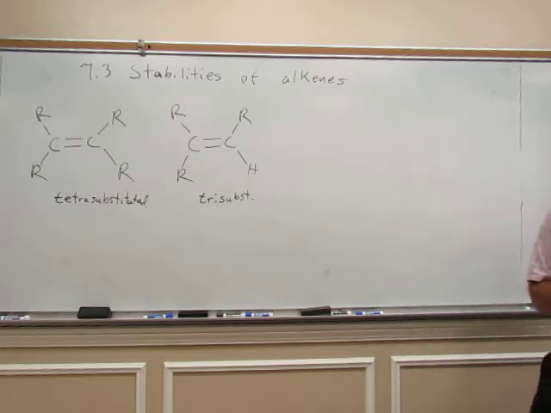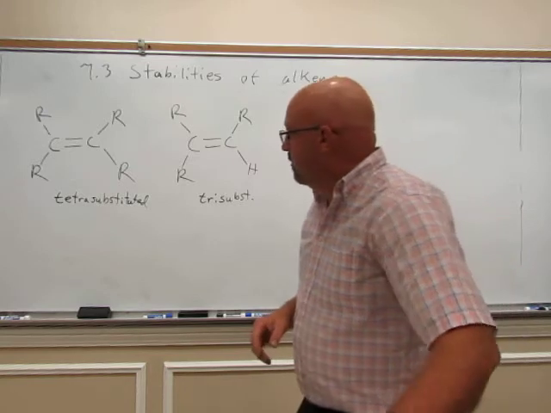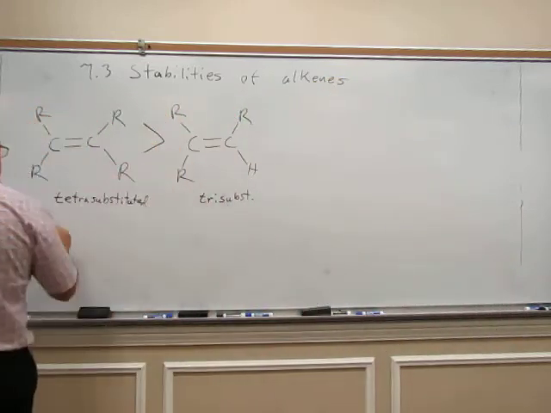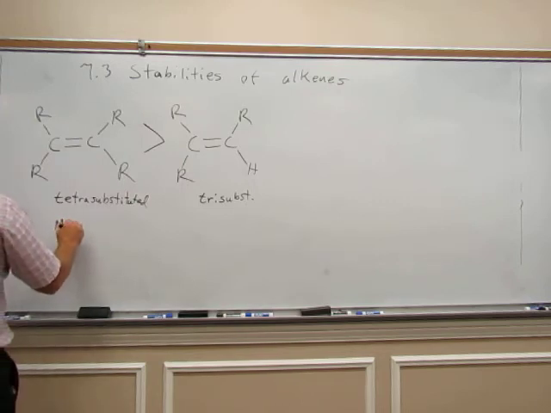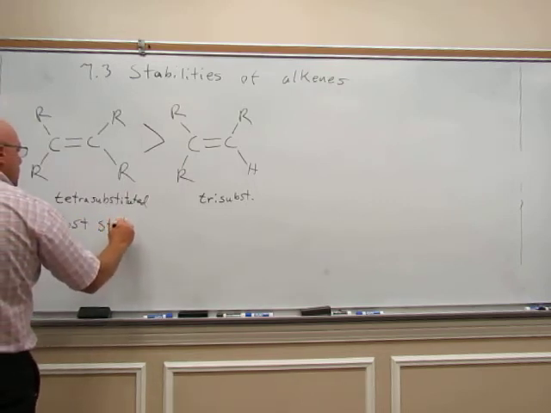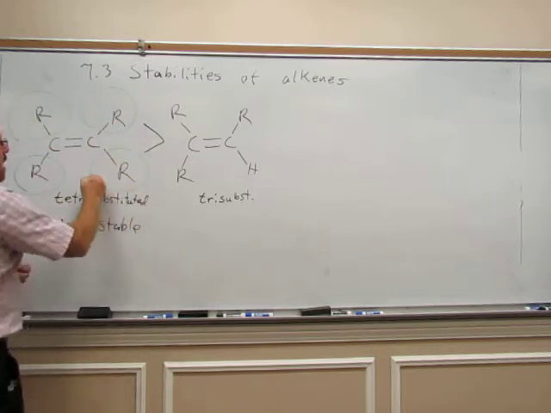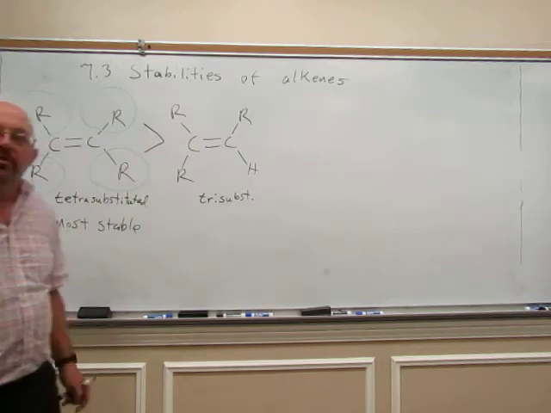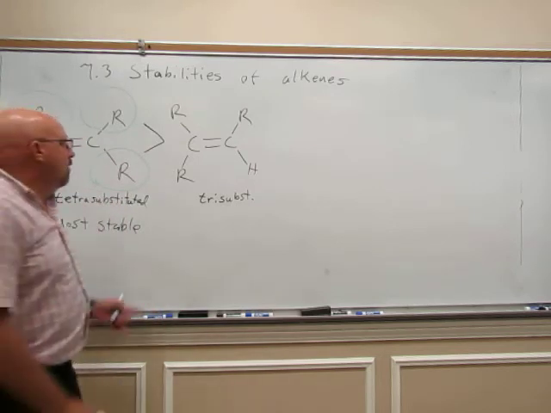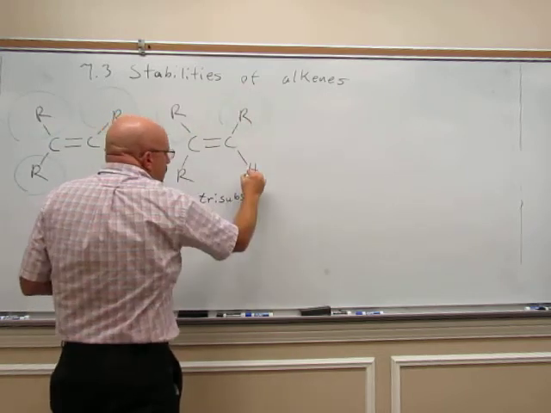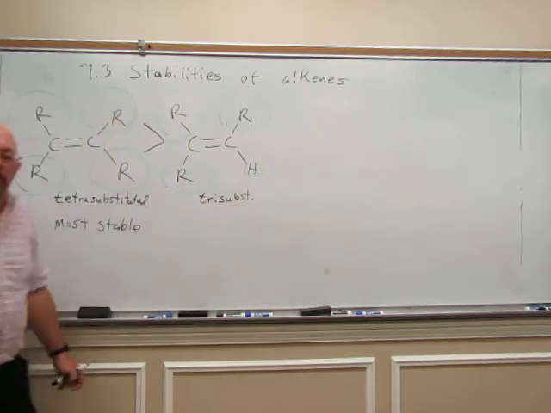The tetrasubstituted. Tetrasubstituted is going to be more stable than the tri-substituted. Think about this. This has got 4 big old groups around that double bond that's helping protect it. The other one has got 3 big old groups, but one is a tiny hydrogen.